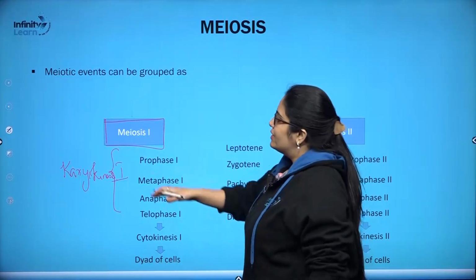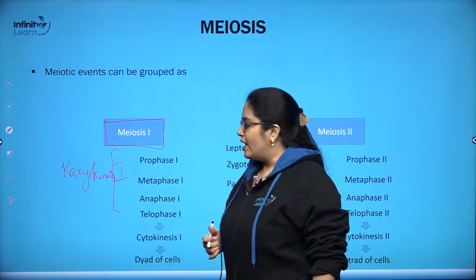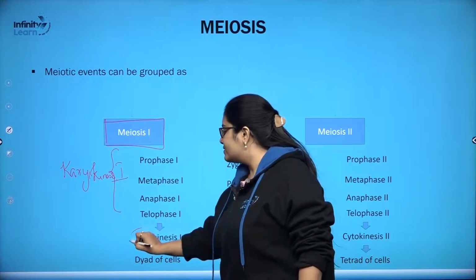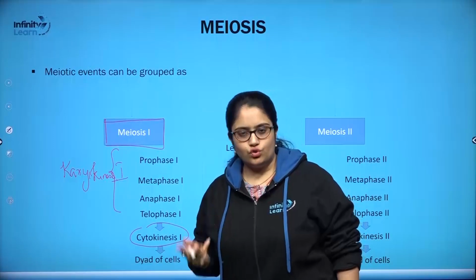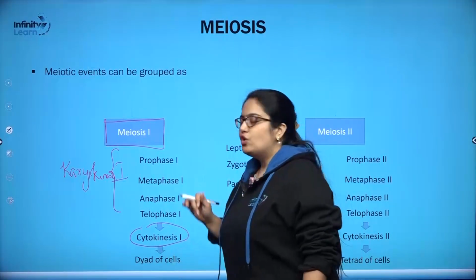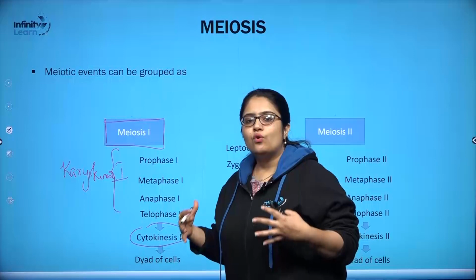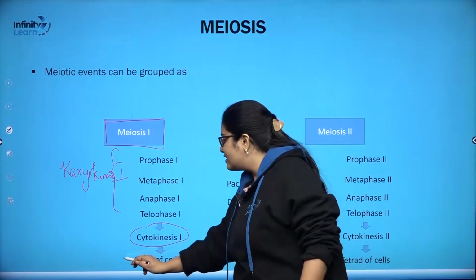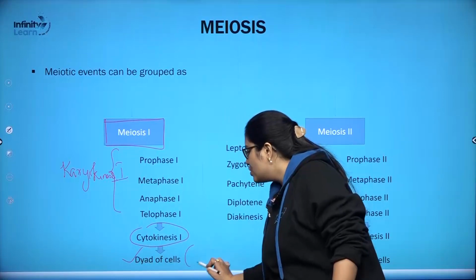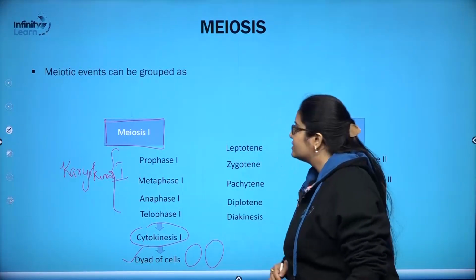In meiosis 1, there is first karyokinesis 1 followed by cytokinesis 1. At the end of karyokinesis you will get two daughter nuclei, and the daughter nuclei will undergo cytokinesis where the cytoplasm will be divided, and as a result two cells are formed, known as a dyad of cells.